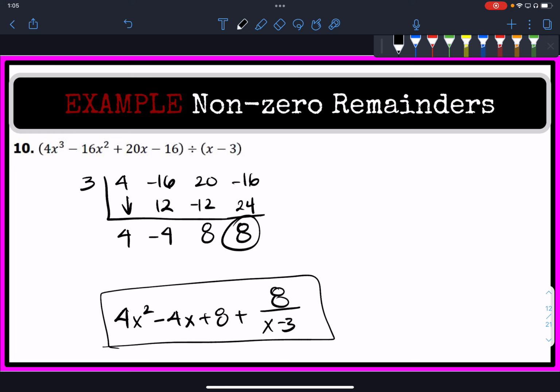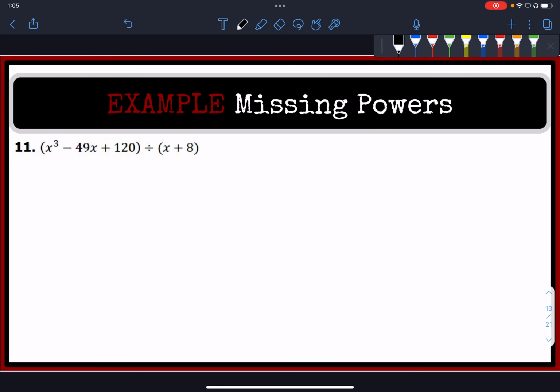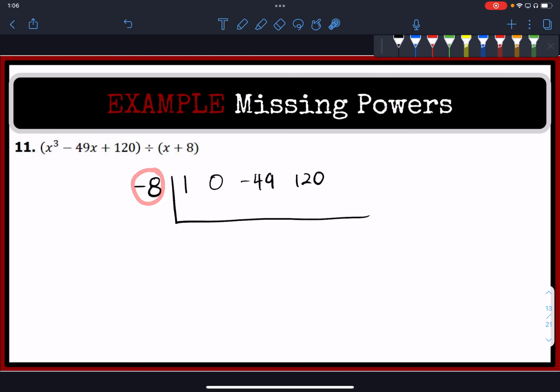Now, if we're missing a power, like here, we just do the exact same thing. Use 0 as a placeholder for that power. So notice that we have x to the third power, and we're missing x to the second because we skipped to x to the first and our constant x to the 0. So we're going to write the number 1. Since x to the second power is missing, we're going to write a 0 for that, and then negative 49, and then the constant 120. We're adding 8, so we write a negative 8 there because this is the equivalent of subtracting a negative 8.